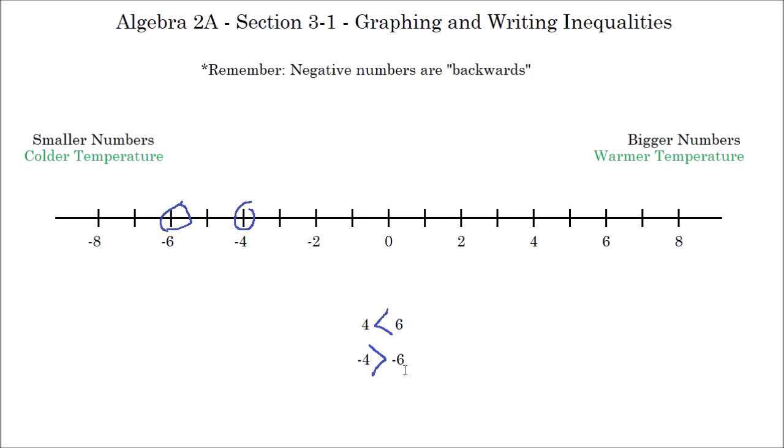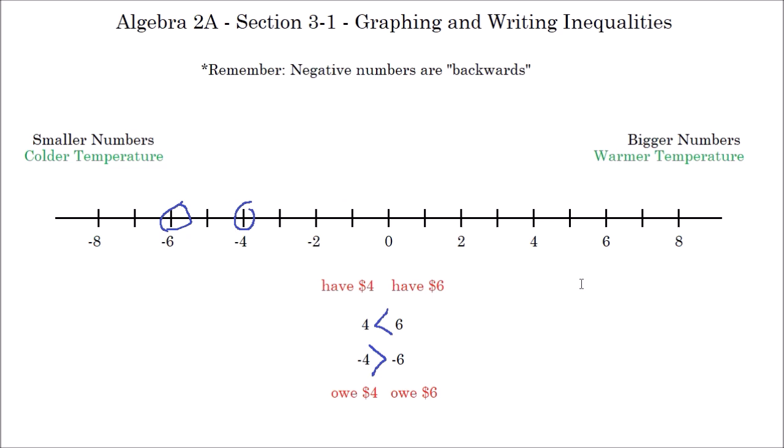One more way, some of you know that with negatives, I often like to talk about money. So you could think about negatives as you owe money. So here to do this example again, 4 versus 6, they're positive 4, positive 6. It's the comparison of having $4 versus having $6.